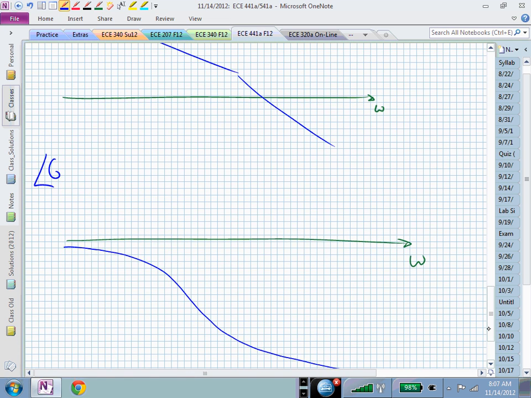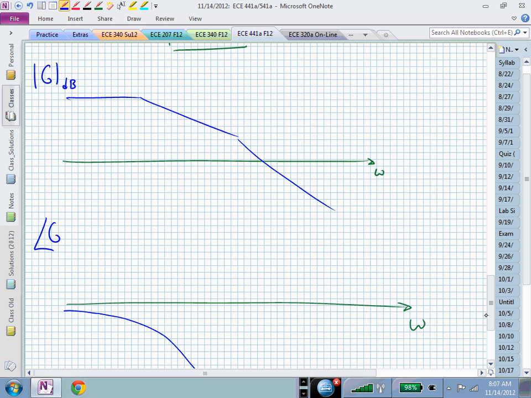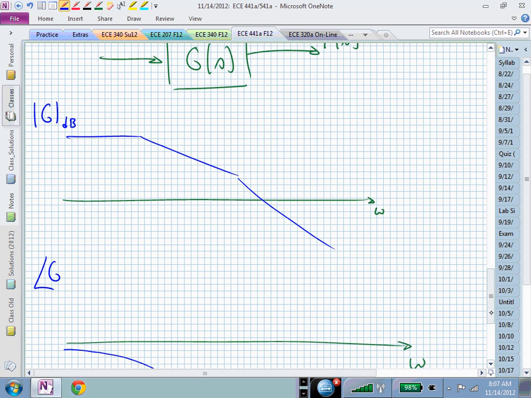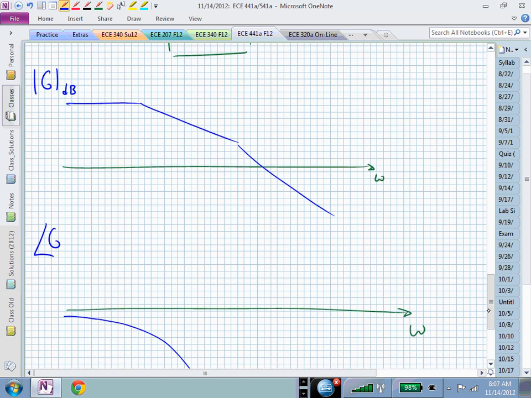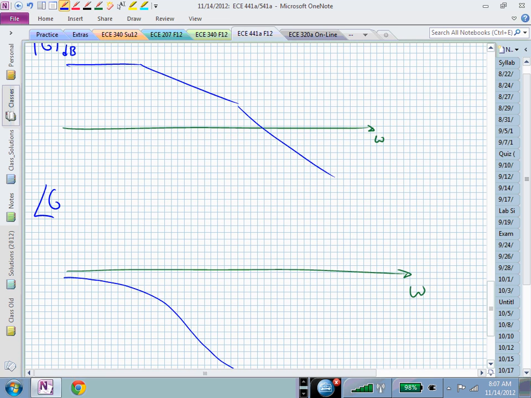You now have these plots, and now what you want to be able to do is use this information to your advantage, and it might allow you to tell something about what's going on with this system relative to stability or relative to performance.